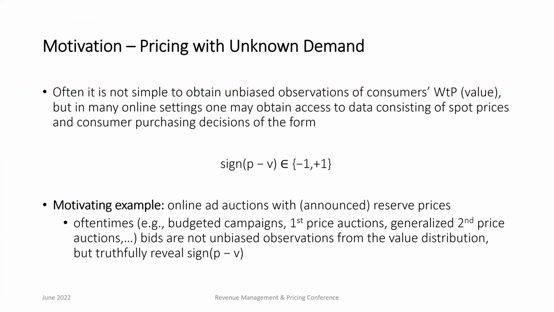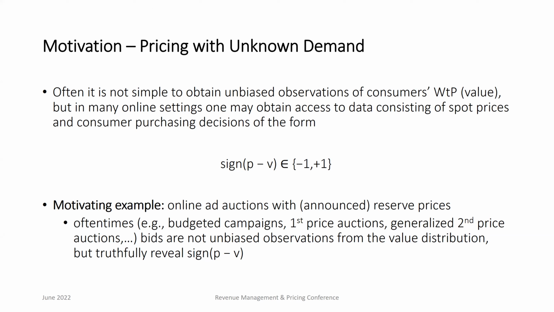So the motivation of the paper that Yifeng just presented lies in a setting with pricing with a known demand, where it is often not simple to obtain unbiased observations of consumers' willingness to pay or values, but in many online settings, one may obtain access to data consisting of spot prices and consumers' reaction to those spot prices in terms of purchasing decisions.